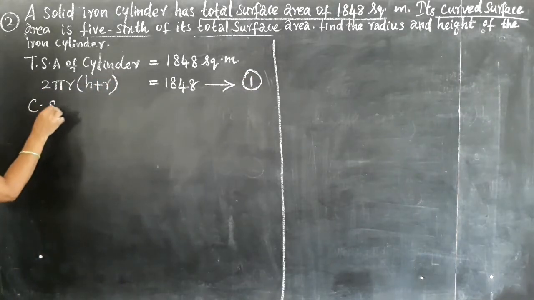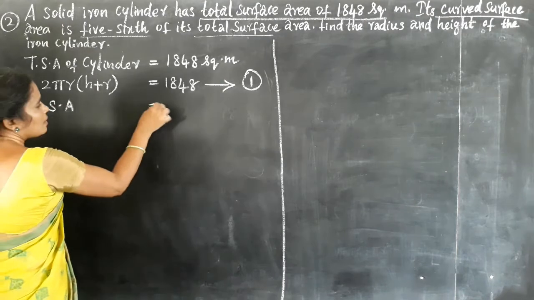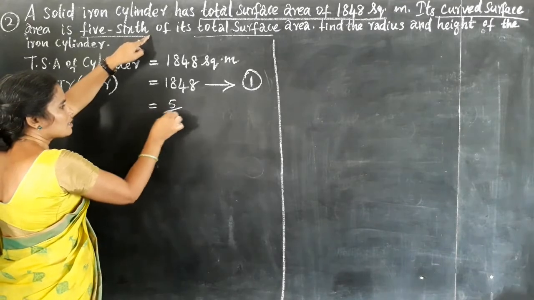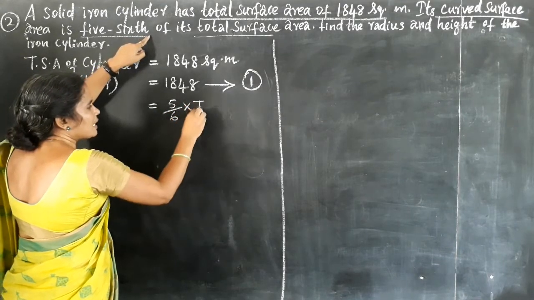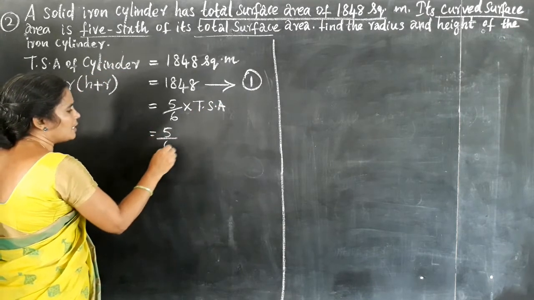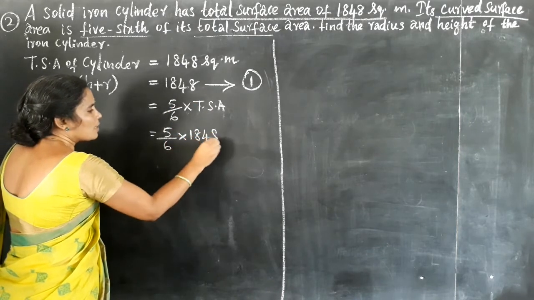And again it is given that the CSA is 5/6 of the total surface area. So 5/6 into the TSA. The TSA is 1848.